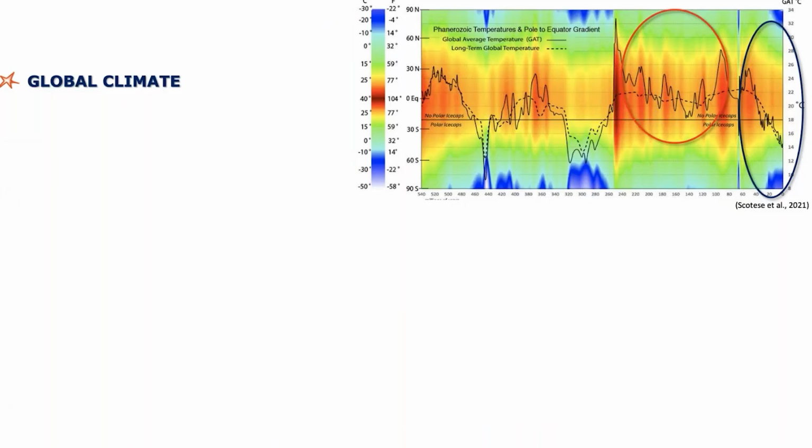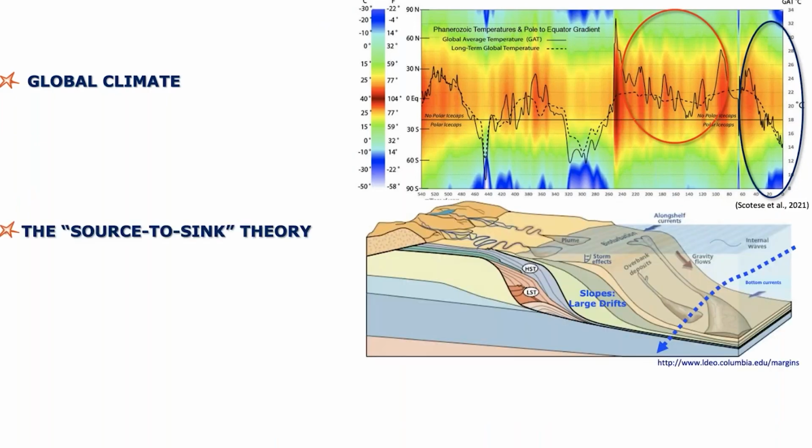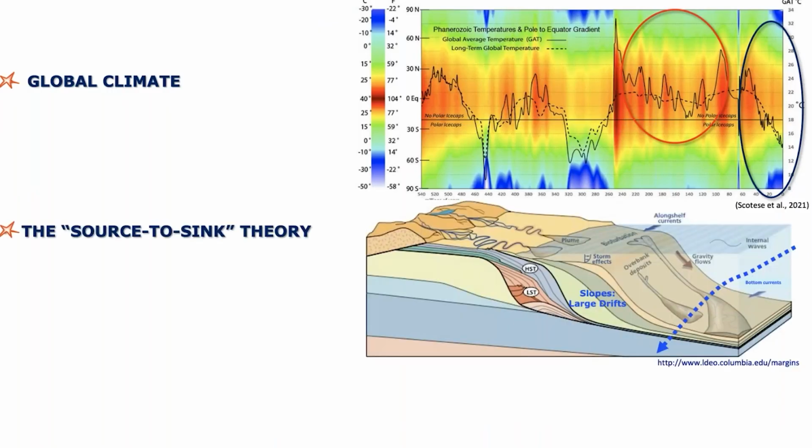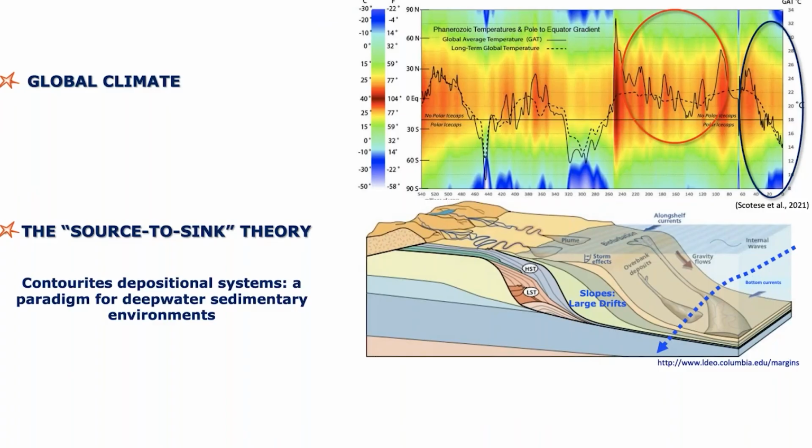Here you can see that the first period is mainly affecting the warming conditions in the Cretaceous, and the second one is mainly controlling the colder conditions on our planet. Another implication concerns some of the hypotheses for the source-to-sink theory, which does not consider the influence of water masses and oceanographic processes in its model.